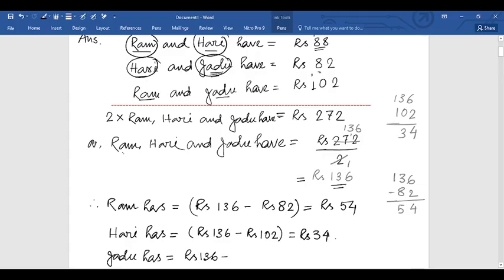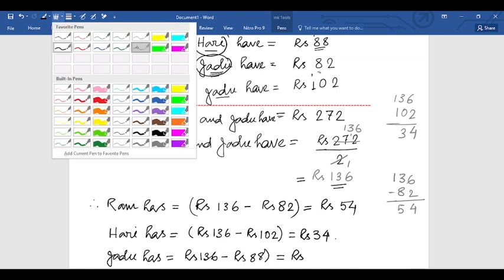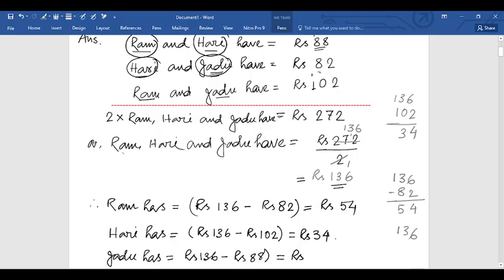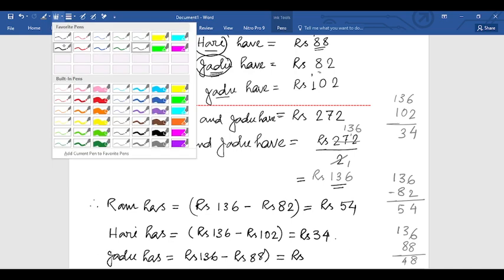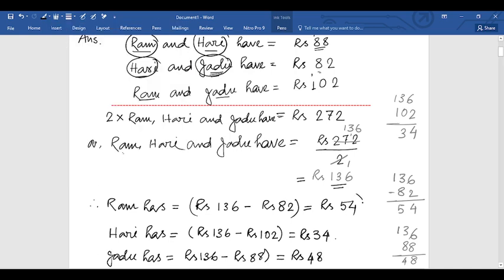Rupees 136 minus what Ram and Hari have, rupees 88. 136 minus 88 gives rupees 48. Okay, so this is the answer. This much money each has.